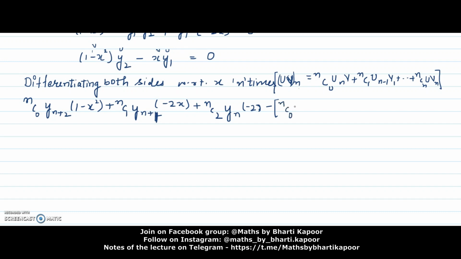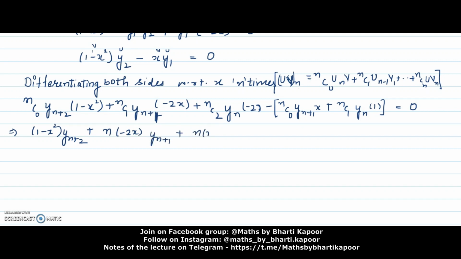So it will be nC0 y(n+1) x plus nC1 yn, derivative of x is 1, and the next terms will be 0, equal to 0. nC0 is 1, so it is 1 minus x square y(n+2). nC1 is n, so it is n into minus 2x y(n+1). nC2 is n into n minus 1 upon 2 yn into minus 2, minus, it is 1, so x y(n+1) minus, positive and negative, it will be negative n yn equal to 0.